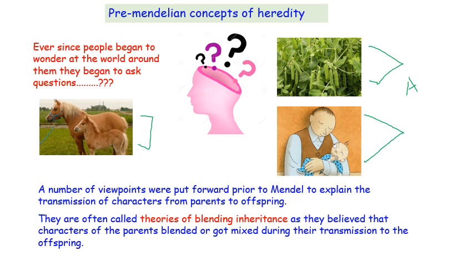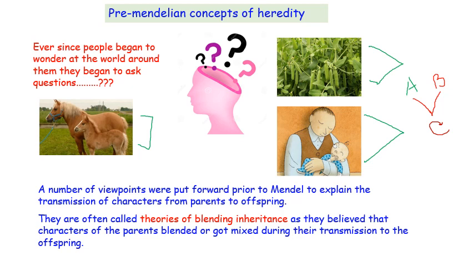and we have parent B. Now the characters of parent A and B mix together to form the offspring C. According to this, the viewpoints that were put forward before Mendel, all these theories, were based on blending of inheritance.